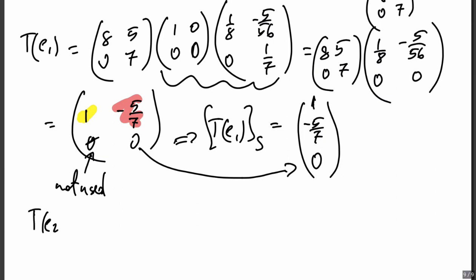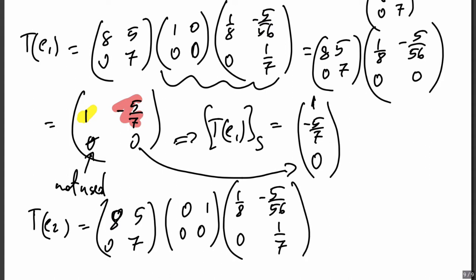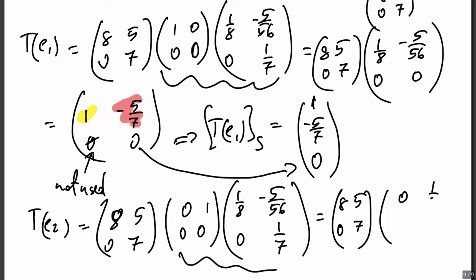Then TE2, that's this [8 5; 0 7] matrix multiplying the second basis vector, which is [0 1; 0 0], and then [1/8 -5/56; 0 1/7]. Again, we do this second multiplication first. So this picks up the second row. It's 0, 1 over 7. And again, the second row is 0.